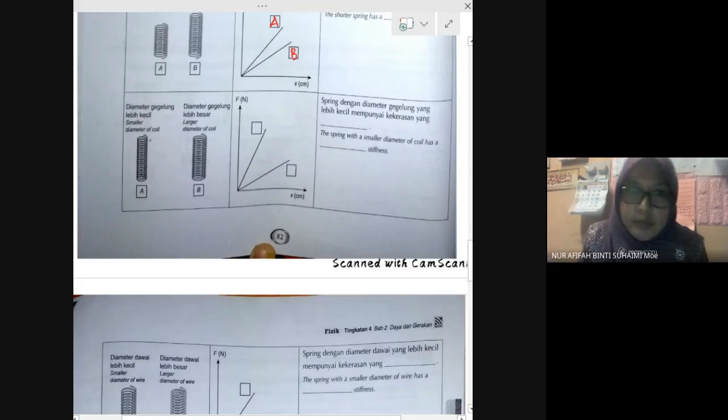Okay. Diameter of coil. Not diameter of wire. Okay, diameter of coil, smaller diameter of coil and larger diameter of coil. So which one is stiffer? A or B? Smaller. A. Yeah.